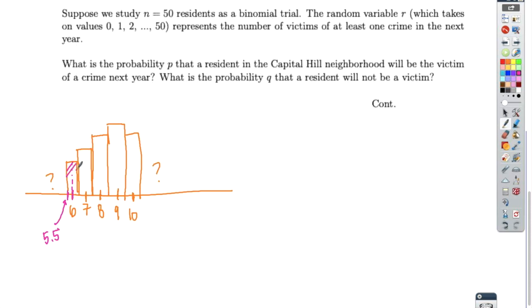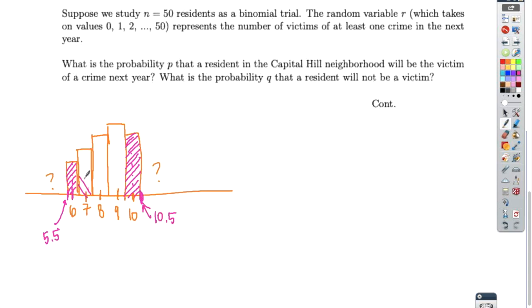That's how I get this bar above 6. And the bar above 10, well, here's 10 right in the middle of it. The bar above 10 stops at 10.5.